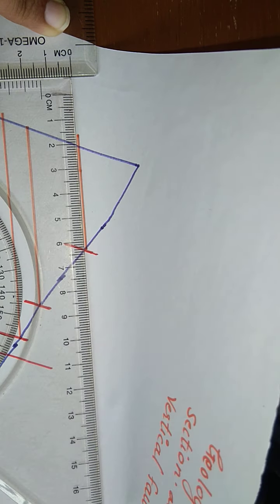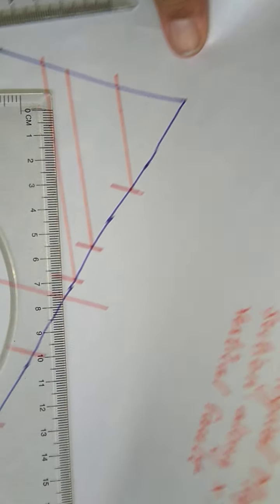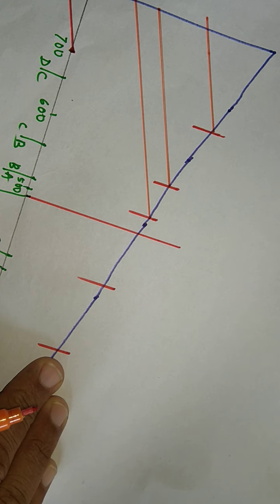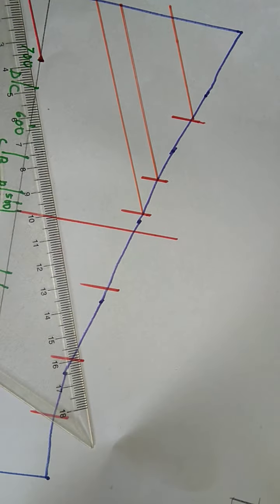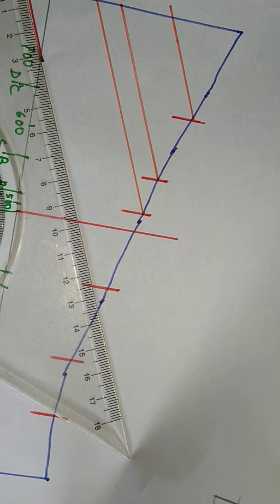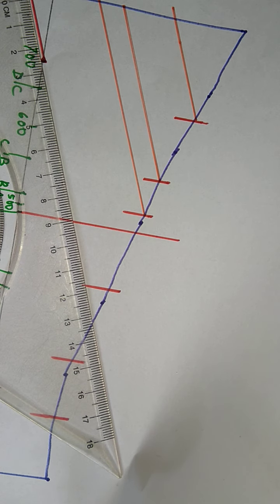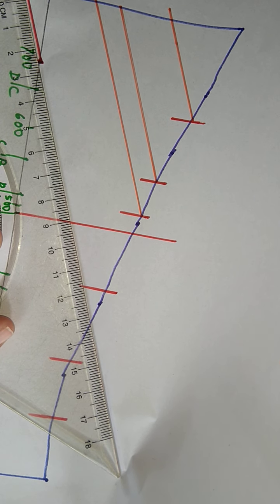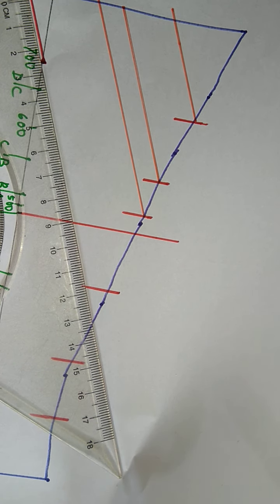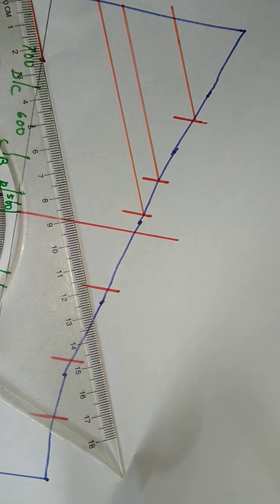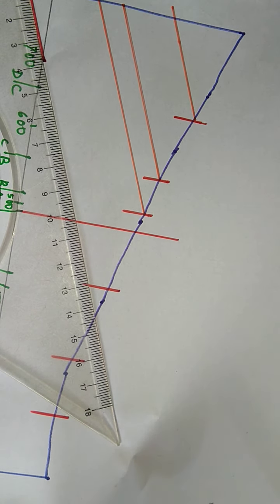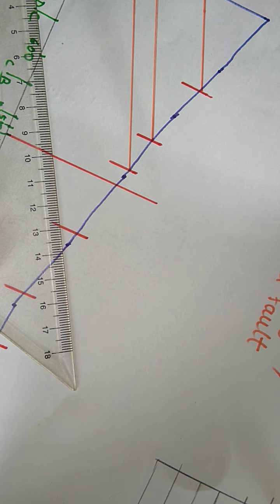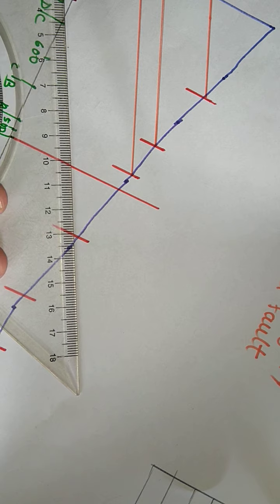So like this we are going to draw all the beds on either side of the fault. Same slope, same dip direction, same interval. So we are going to use the same, because the beds are the same, only they have displaced. So we are going to draw these points again on either side of the fault with the help of the same slope.